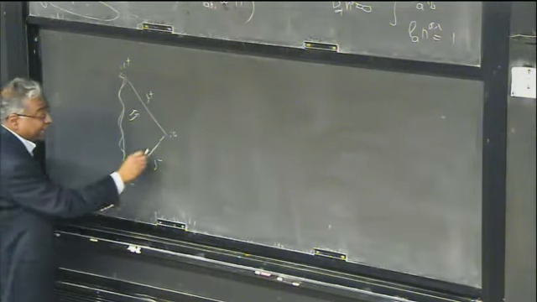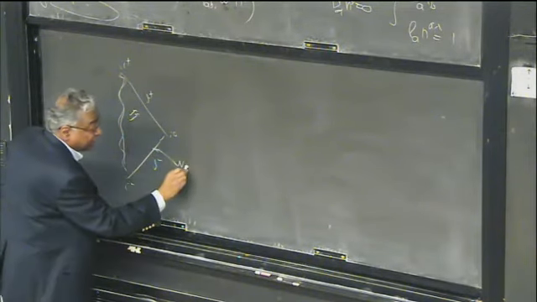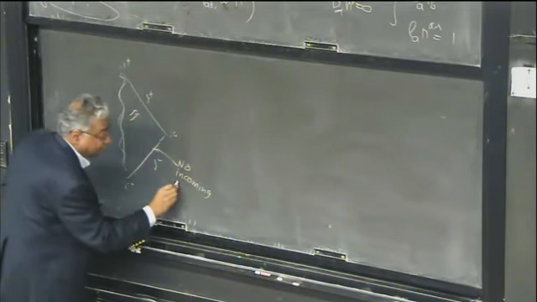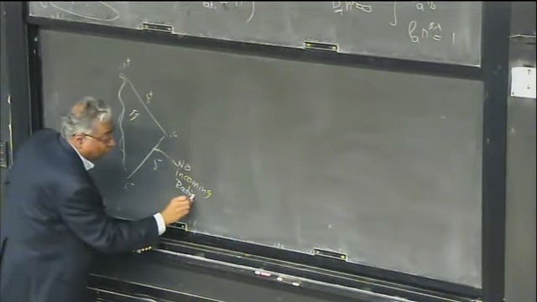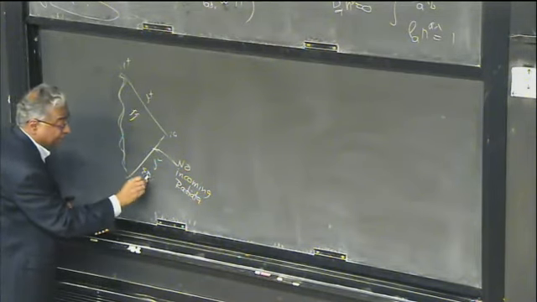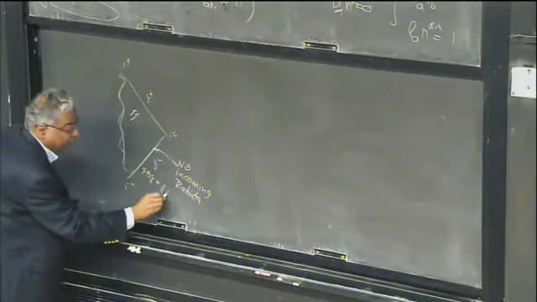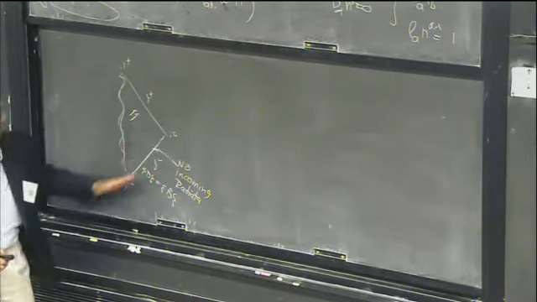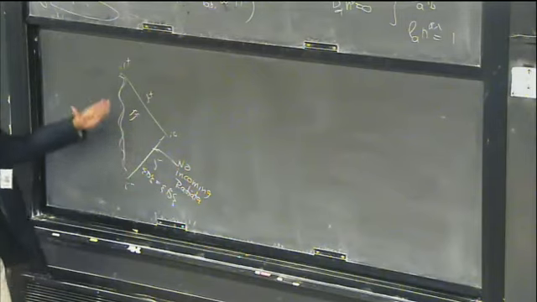Then we want to say that there is no radiation incoming, and this condition is best imposed on Scri-. So what we are asking is that the connection on Scri-, this D on Scri-, should be a classical vacuum. That just says that there is no incoming radiation up here.